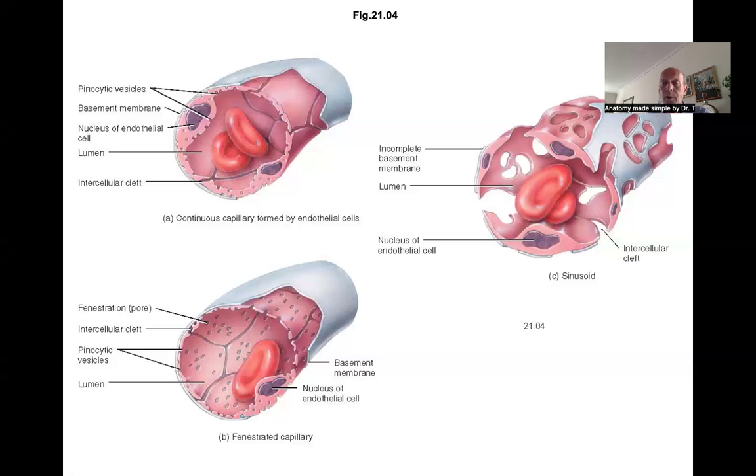So if they're old and worn out, the membrane of the red blood cell will simply burst, and that's why the spleen is sometimes more colloquially referred to as a graveyard of old red blood cells.